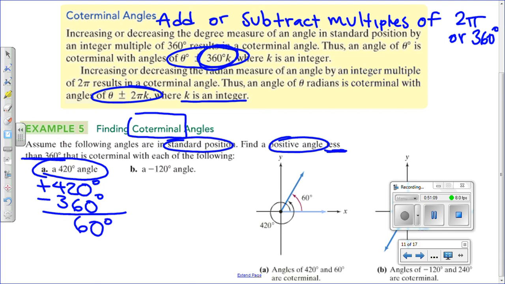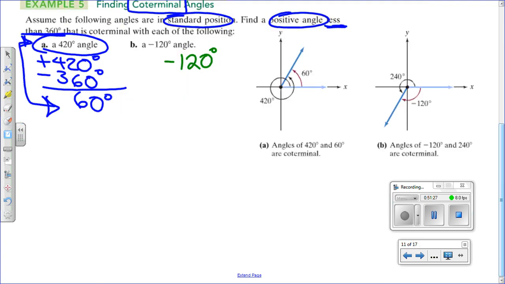So what that means is that this angle and this angle are coterminal. Now the next one is negative, and we want it to be positive. So should I subtract or should I add? Add.